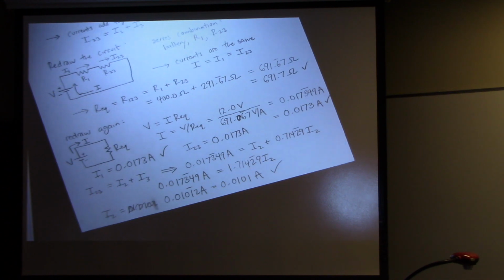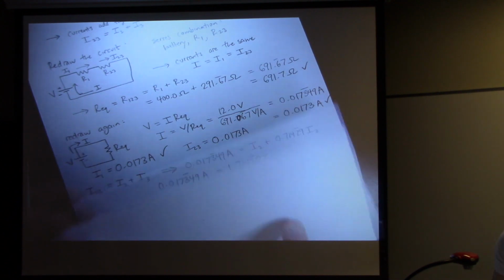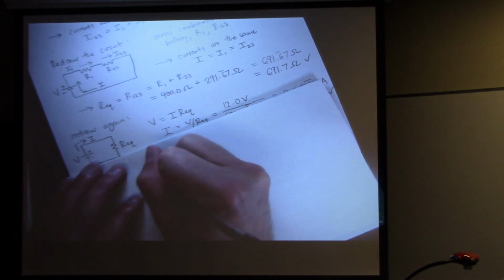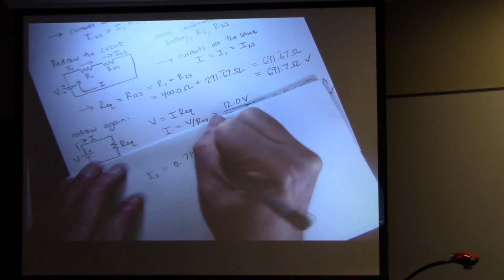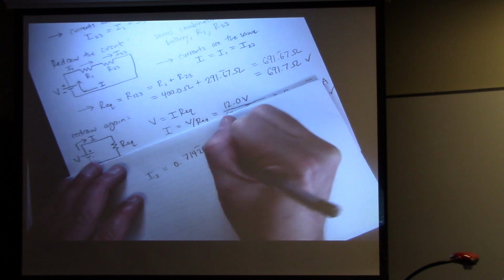The last thing to do, and I'm just running out of space, is to find I3. But again, I3 is nothing more than 0.71429 times I2.